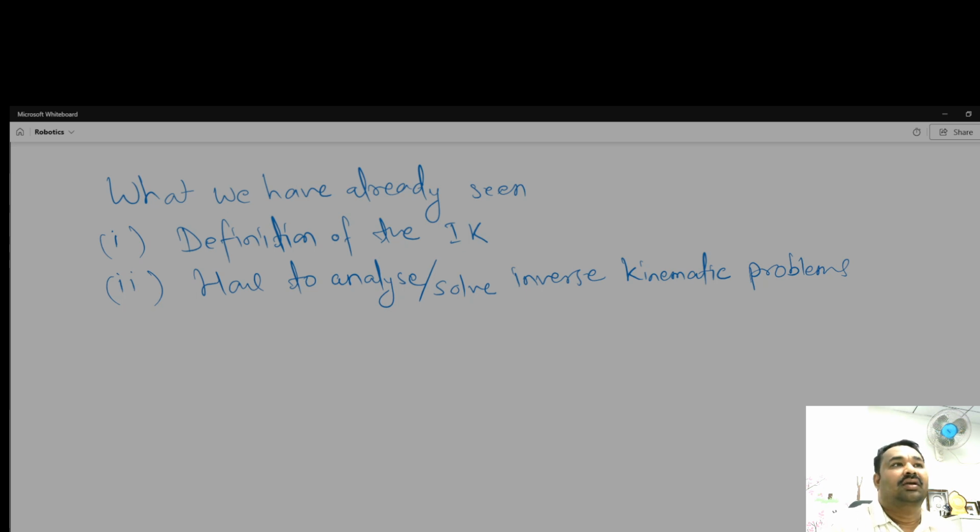Taking the example of a 2R manipulator. R means revolute joint in the case of planar.